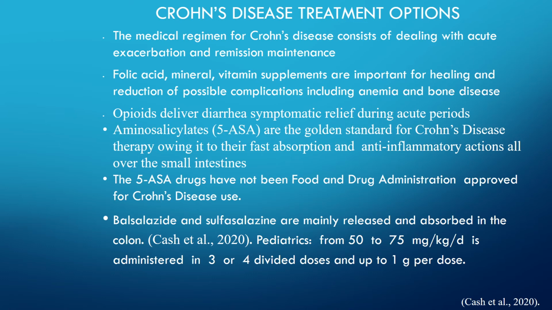During acute periods, aminosalicylates are the gold standard mainstay treatment for Crohn's disease therapy because of their fast absorption and anti-inflammatory actions throughout the small intestines. The 5-ASA drugs have not been FDA approved for Crohn's disease use.